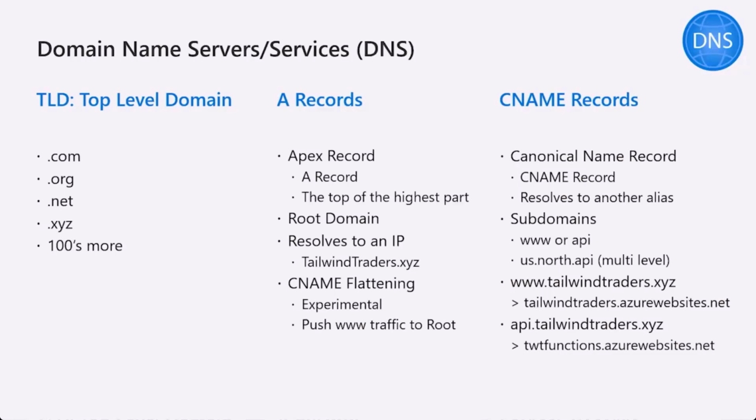Now, what is going to happen here with the CNAME record is a redirection. So basically, the traffic which comes in to www.tailwindtraders.xyz is going to be redirected to another DNS entry. In that case, for example, tailwindtraders.azurewebsites.net.